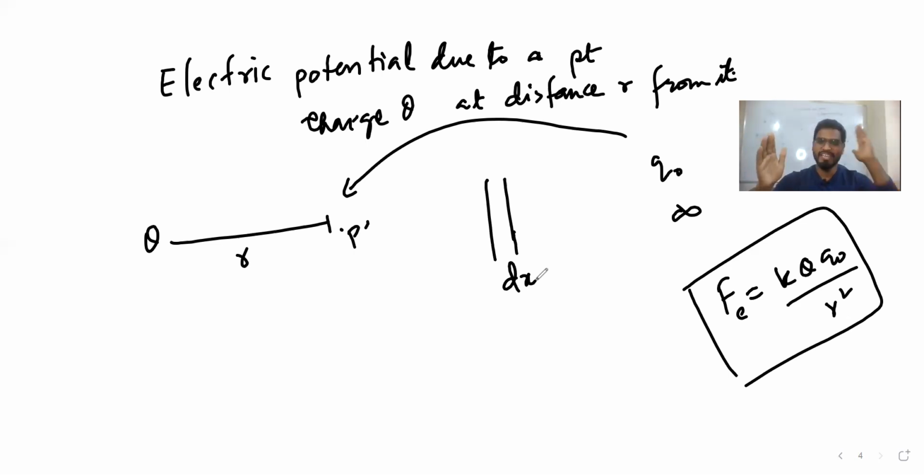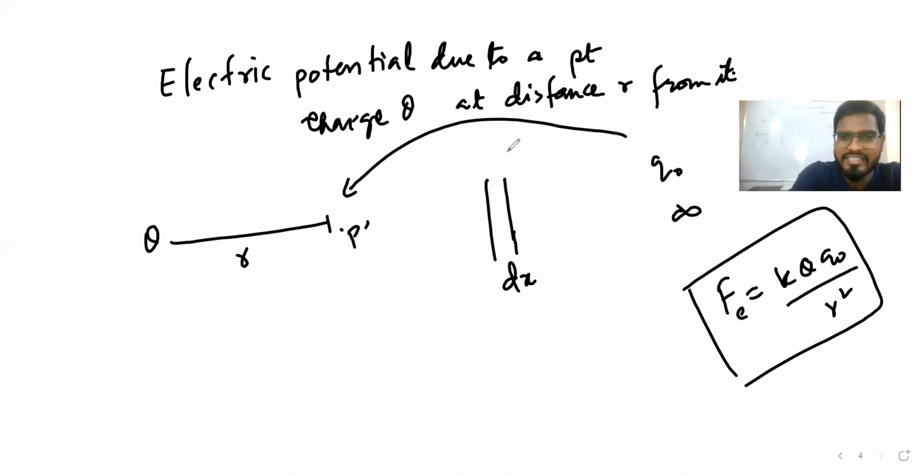Consider this is infinity, and this point is r. In between them, we don't know how much force will act, it can vary. So we take a small element dx, and there is a charge q. In between them there will be some distance, let's consider that is x. Then we can find work for this. Work is equal to F dot dx. We'll find work from here, then we'll put it in the formula of potential, we'll get the answer. Let's try this.